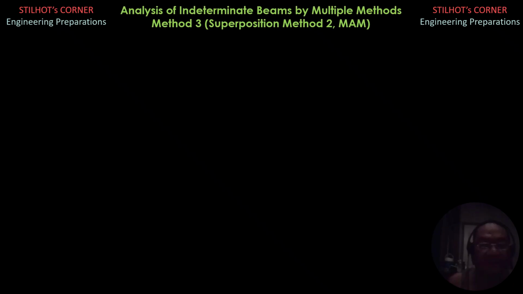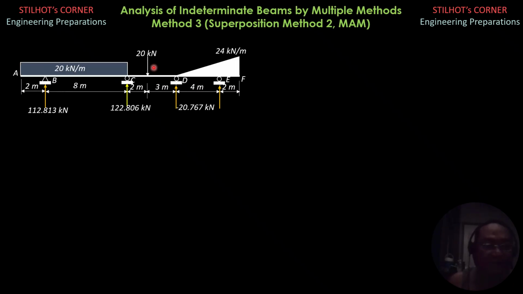So let's continue with the remaining part of the solution. This time, let's solve for the deflection under the 20 kilonewton load. These were the reactions. So if we prepare moment diagram by parts, making this as the moment center, because the other part is no longer important.